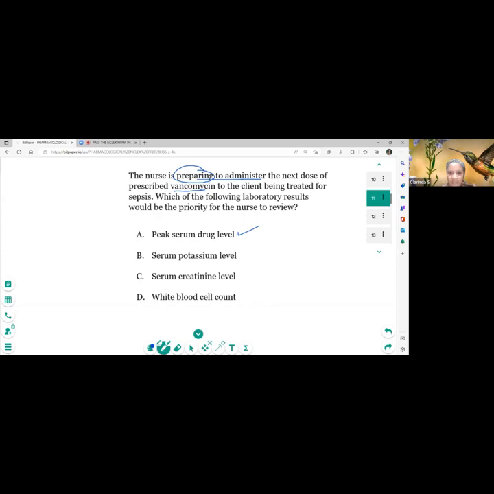All right. So if we keep that, how about serum potassium? Is that a lab that could be checked or should be checked before giving vancomycin? Are we keeping it, throwing it out, getting rid of it? No. Very good. Potassium really doesn't affect vancomycin.